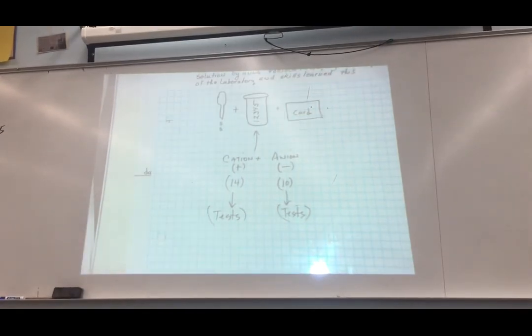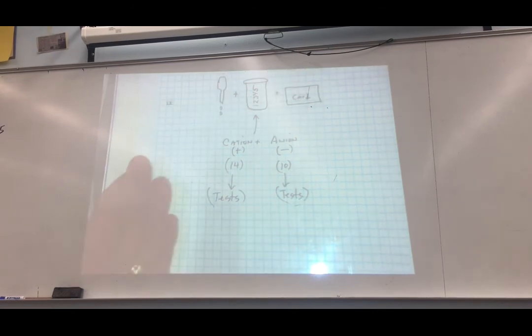They are totally independent of each other. One does not depend on the other. Just because you think your cation is sodium and it has a +1 charge does not mean that it has to be with something that's -1. It doesn't have to be that way. It can be any other charges. Okay?